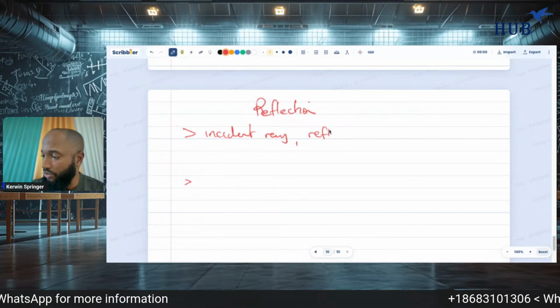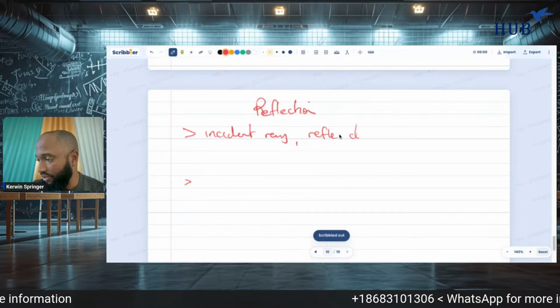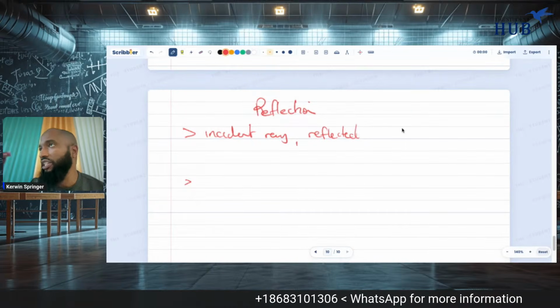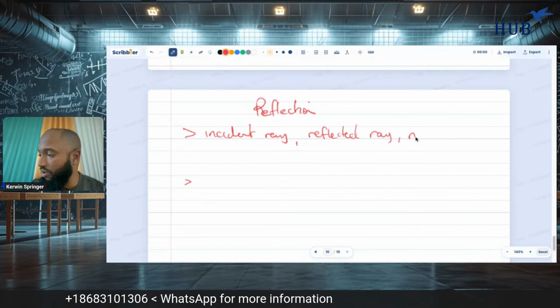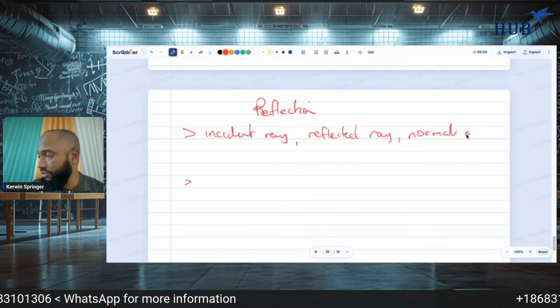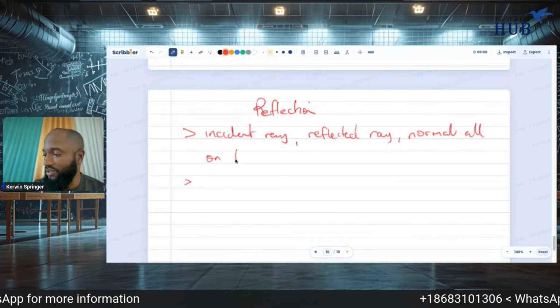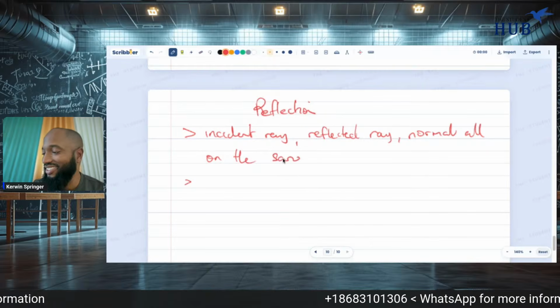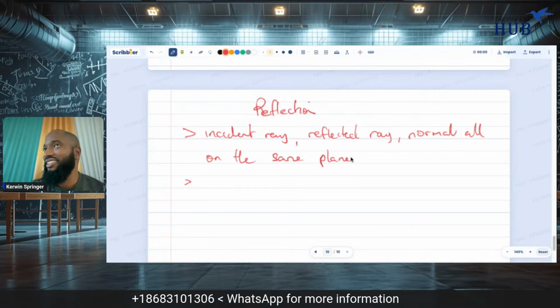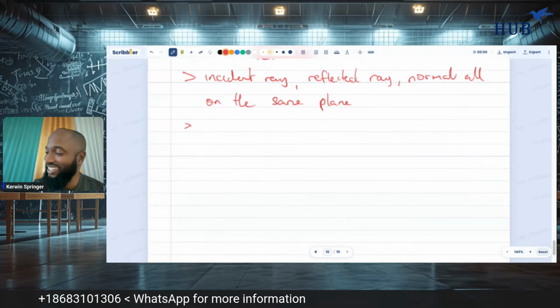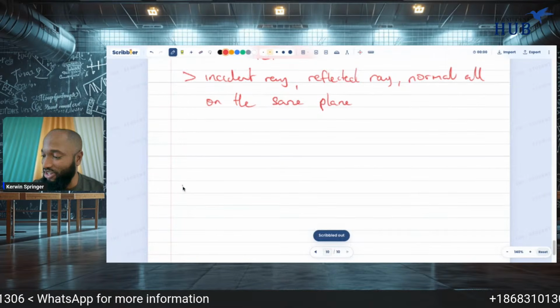The incident ray, the reflected ray, and the normal are all on the same plane. What does that mean? It literally means what it says. They're all on the same plane.